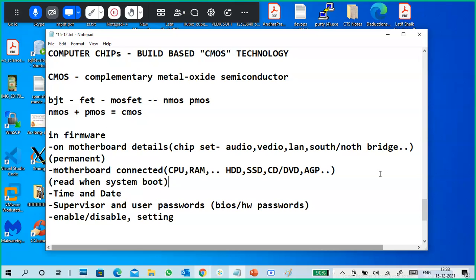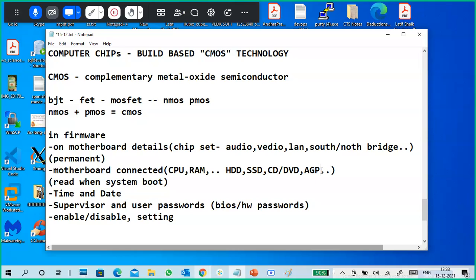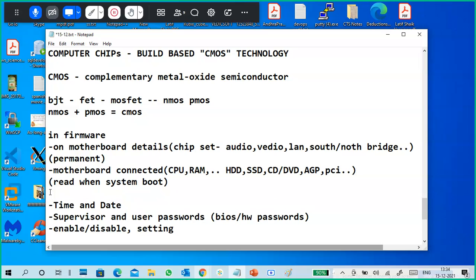Which CPU you inserted, which RAM you inserted, what hard disk, what CD-ROM you put, what AGP slot you are using, what graphic card, what LAN connection. That information, along with PCI related information, will be read and stored in the ROM chip, and this is purely temporary.